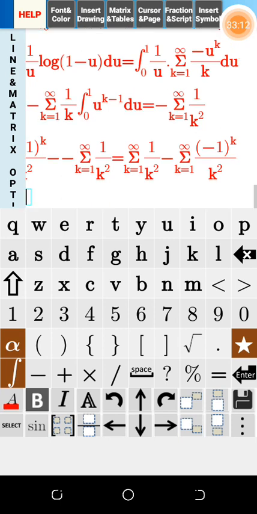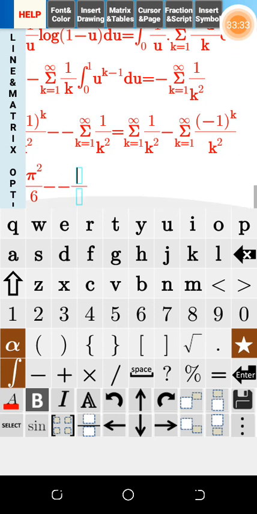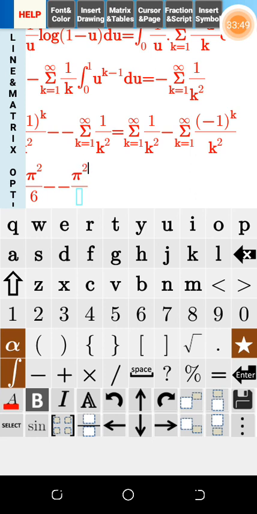So don't forget that the sum of k starting from 1 to infinity of 1 over k squared will give us what? It will give us pi squared over 6. This is now pi squared over 6 minus the sum of k starting from 1 to infinity of (minus 1) raised to the power of k over k squared, which will give us minus pi squared over 12.